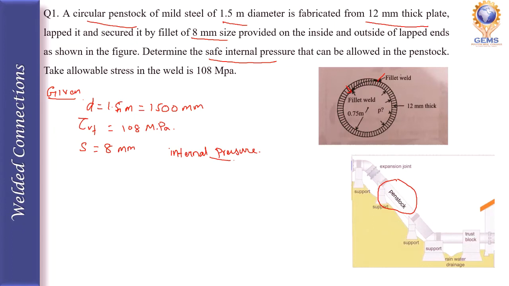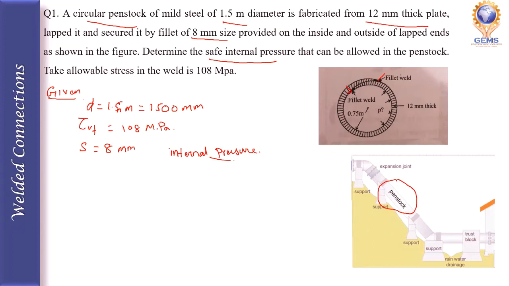It is a circular form, so it will have a hoop stress due to the internal fluid pressure. What is the formula for the hoop stress?